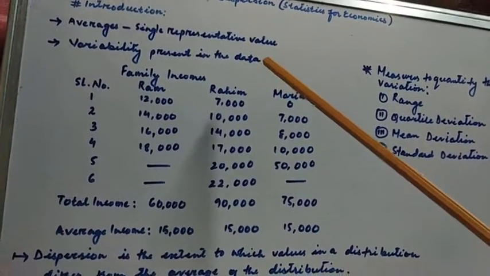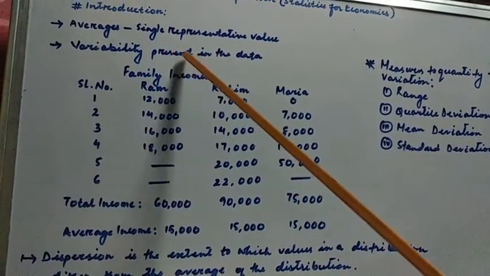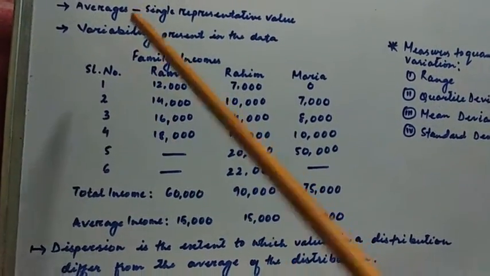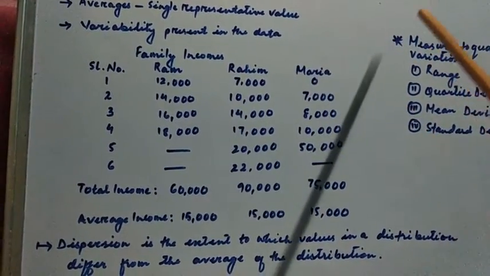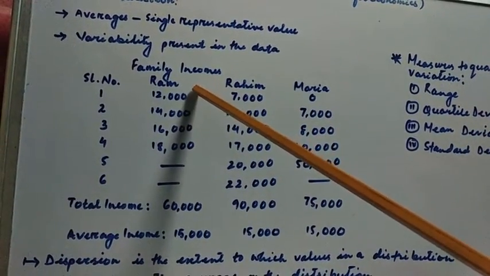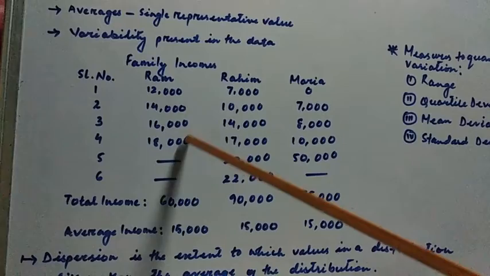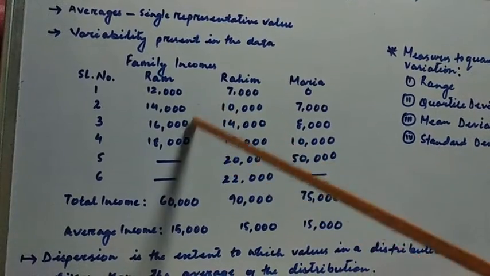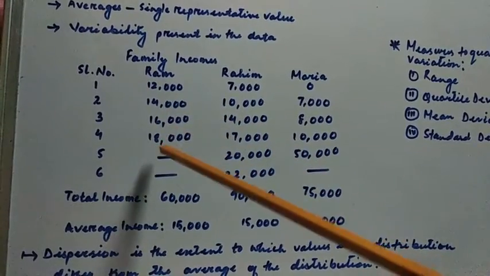To explain further, let us illustrate the statement that variability present in the data is not revealed when you calculate averages. Let us consider one example. Let us say there are 3 friends, Ram, Rahim and Maria. Let us look at the incomes of these 3 friends' family members. Ram has 4 family members with incomes of 12,000, 14,000, 16,000, 18,000.